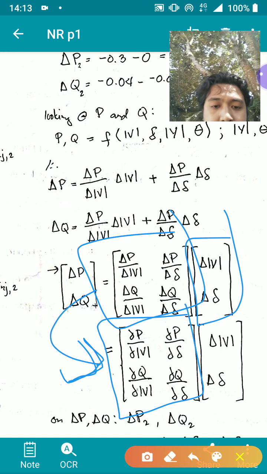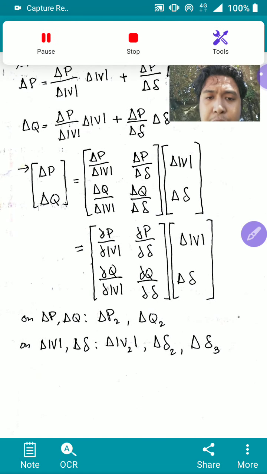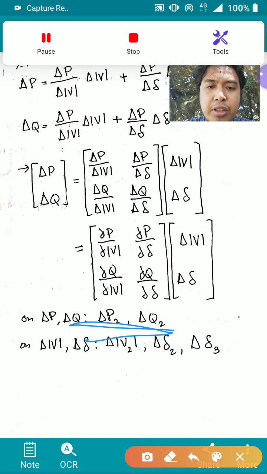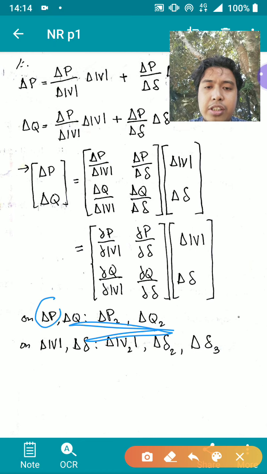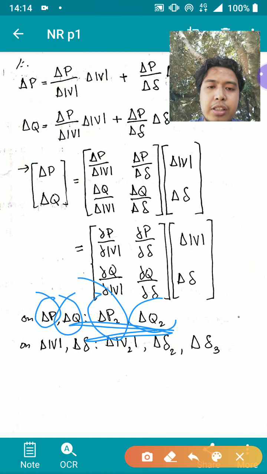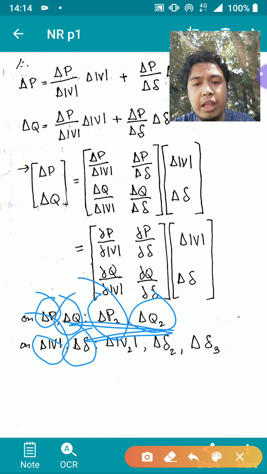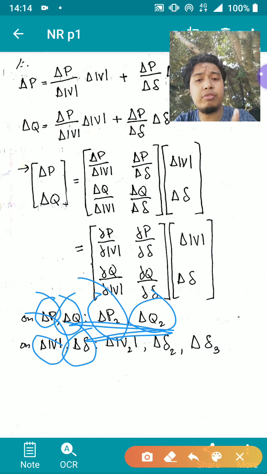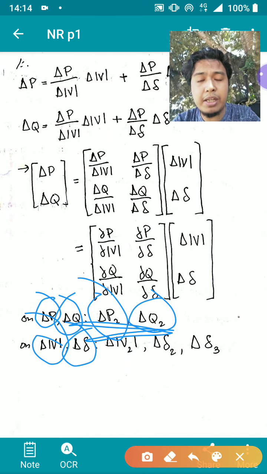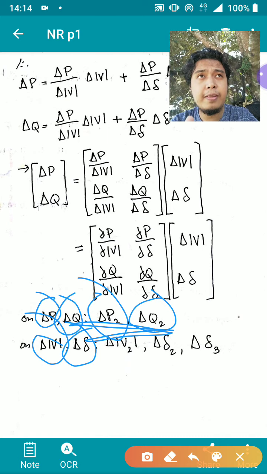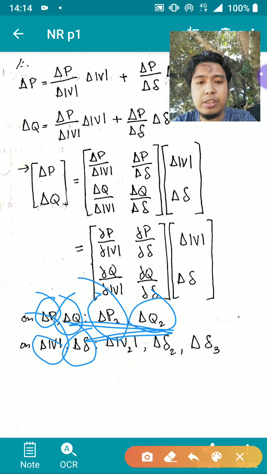So you have a matrix of partial derivatives multiplied to the difference of voltage magnitude and difference of voltage angle. Okay, so on delta P and delta Q, on the change in P and change in Q, we have delta P2 and delta Q2. On change in voltage and change in angle, we don't have a change in voltage magnitude of bus 1 because that's the slack bus. We have a change in voltage magnitude of bus 2 because that's a PQ bus, so you are not maintaining any value for voltage.